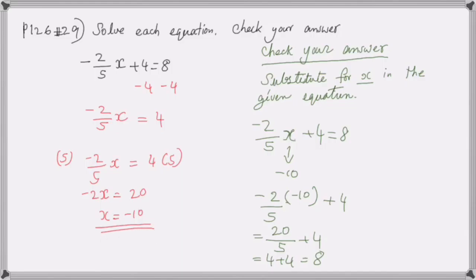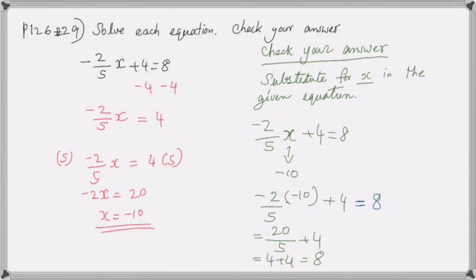So replace x here with -10. Then you will get -2 by 5 times -10 plus 4 equals 8 basically. I didn't write 8, but you can write equals 8.